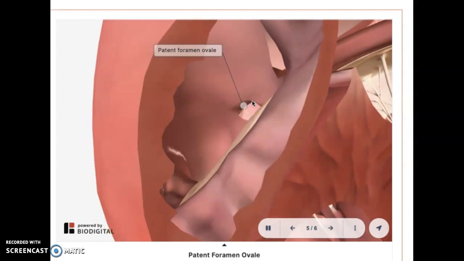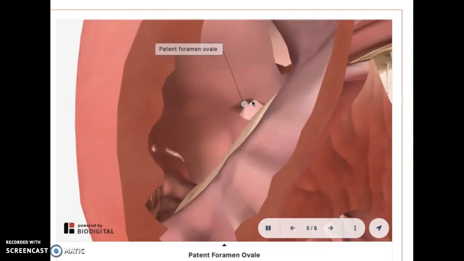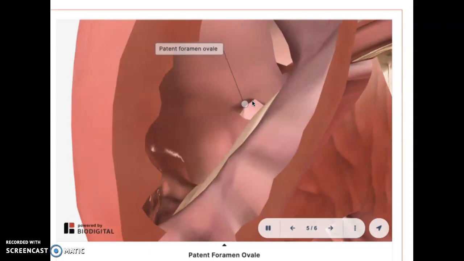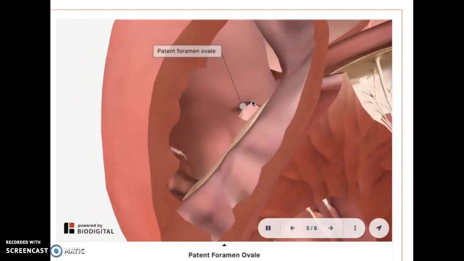So remember, blood is only supposed to flow one way through the heart. And if there's a hole between the two atriums, that's going to cause blood to flow incorrectly. It's going to cause the heart to need to pump harder to try to correct it. It is usually asymptomatic and can be harmless if the hole is small enough.